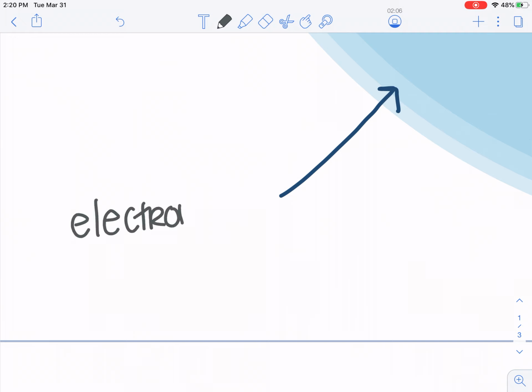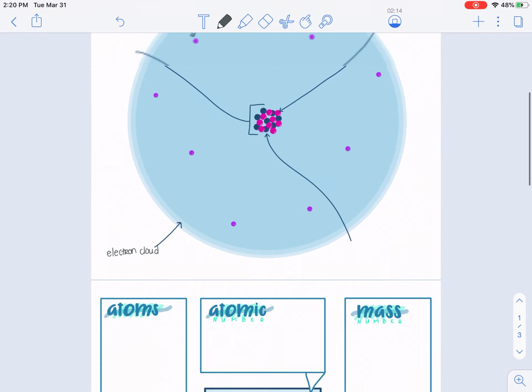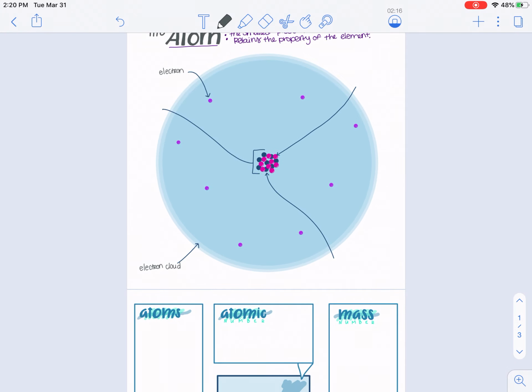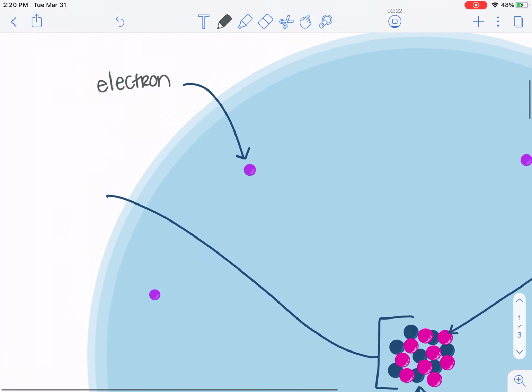This chapter will also give us several details about the electron cloud. Right now we're just going to note that it is the region around the nucleus where we find the electrons.